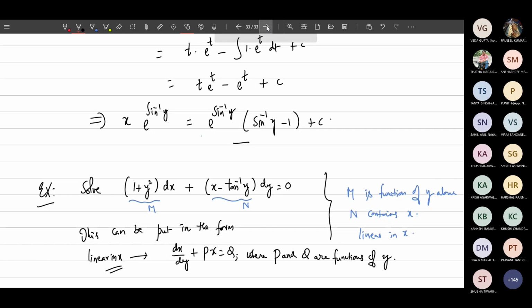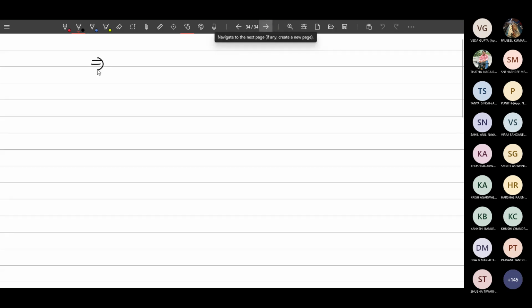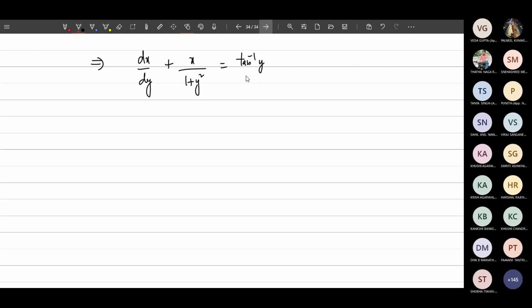So this equation can be written as dx by dy plus x upon 1 plus y square equal to tan inverse y upon 1 plus y square.